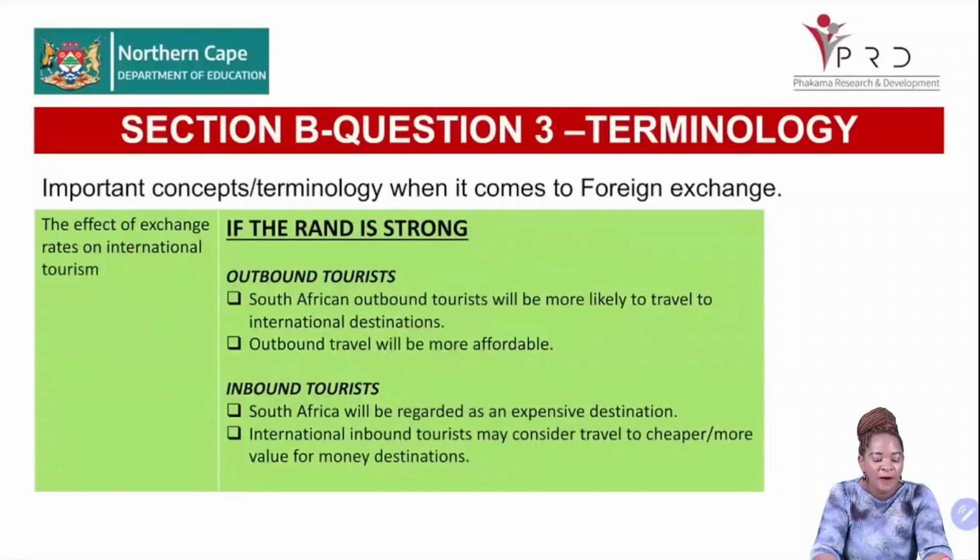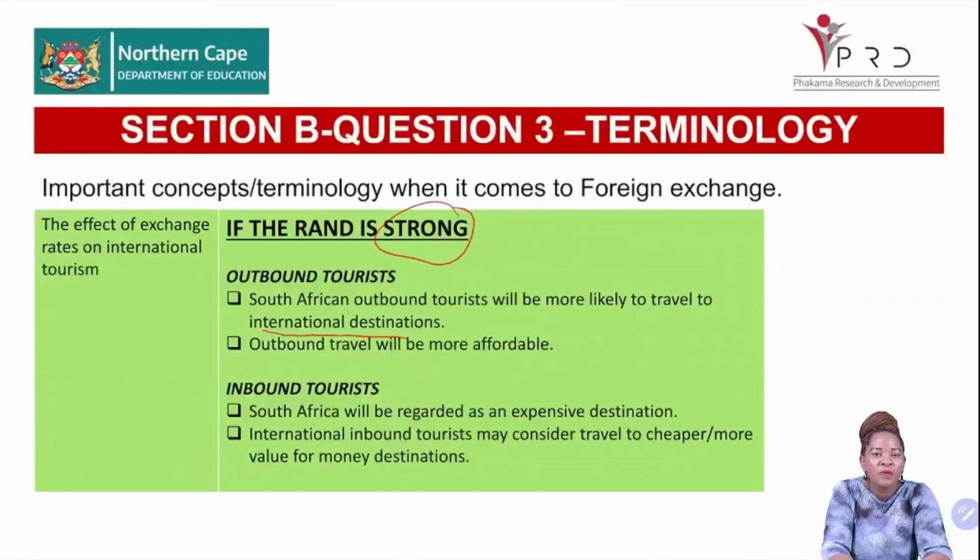And then here, the effect of exchange rates on international tourism. If the rand is strong, what is going to happen to the outbound tourists, which are the South Africans who are visiting other countries? South African outbound tourists will be more likely to travel to international destinations when the rand is strong.